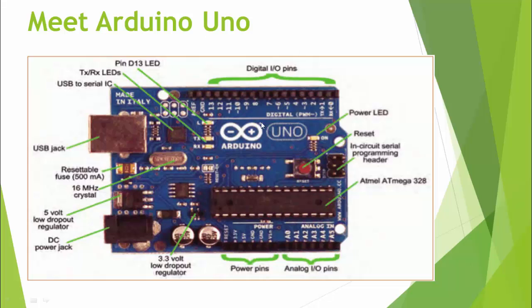So this is an Arduino Uno. This is the least expensive and simplest of the Arduino flavors. It has an input for a DC power jack. It has an onboard processor with a small amount of memory. It has a USB jack for connecting up to a computer.